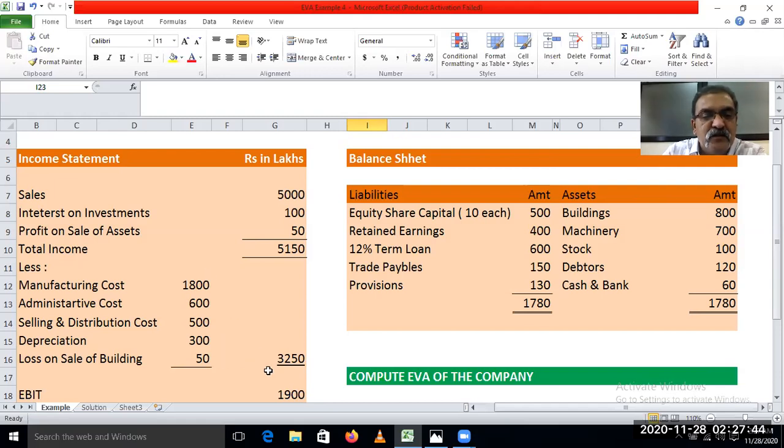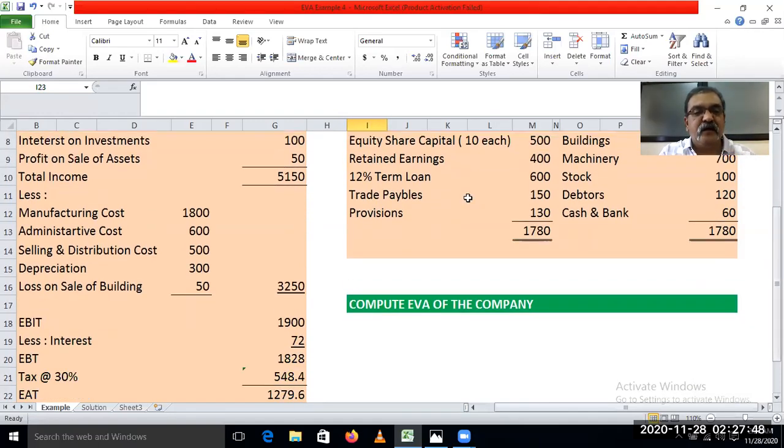So total cost 3,250. EBIT as per this example 5,150 minus 3,250 is 1,900, less interest on loan 72, earnings before tax 1,828, less tax at the rate of 30%.